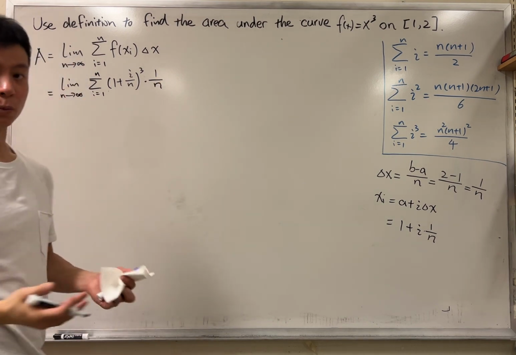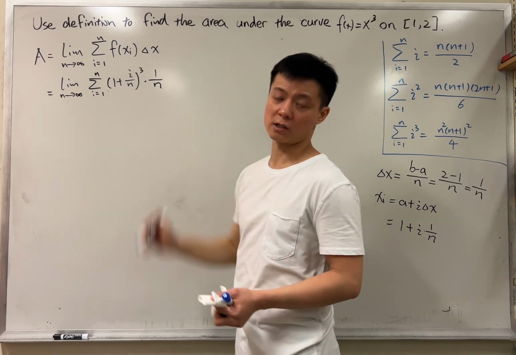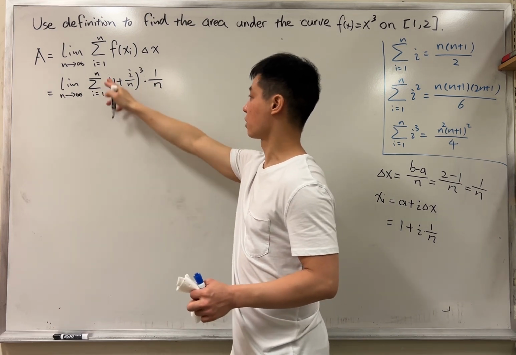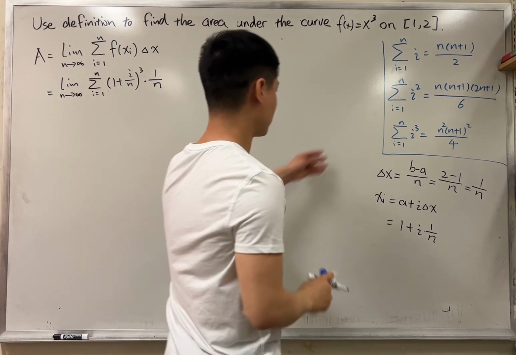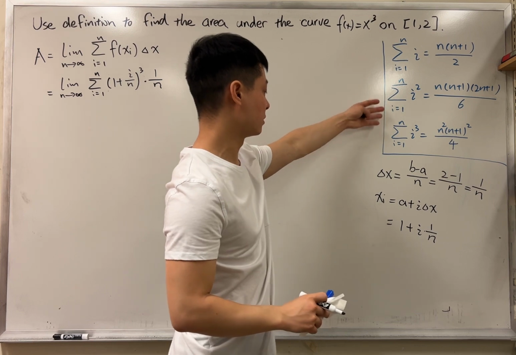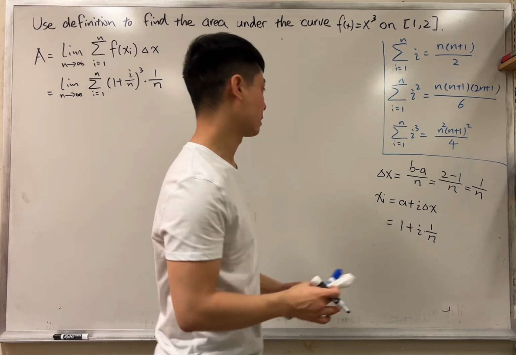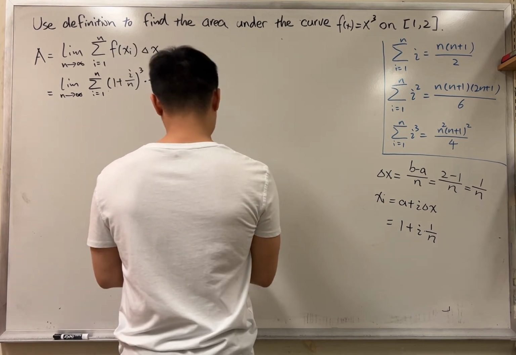So the rest of the work is just to calculate the limit of this expression. Because this expression has some sigma notation, we will be using the formulas on the left side to turn those summations into expressions in terms of n. So let's try to simplify this.